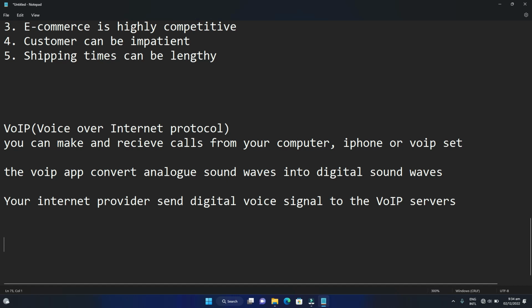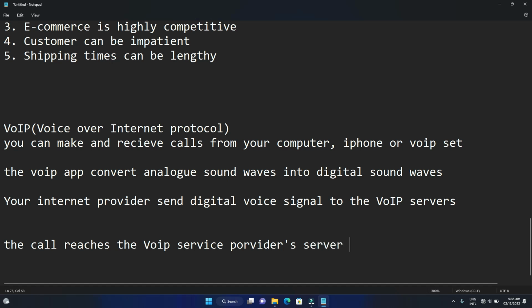The call reaches a VoIP service provider's server, which then routes it on. It gets to their server.